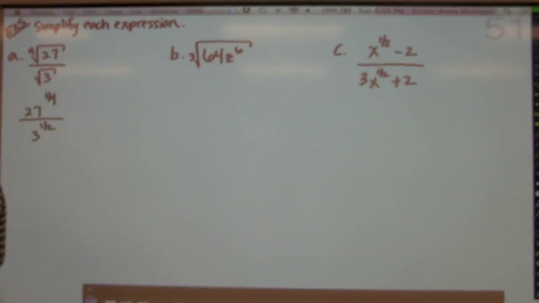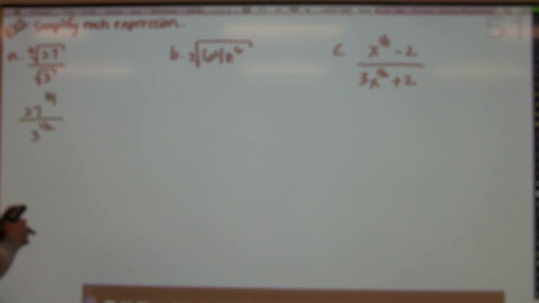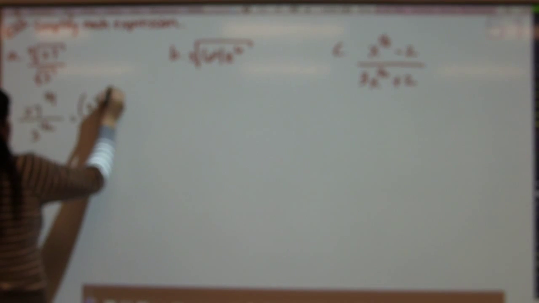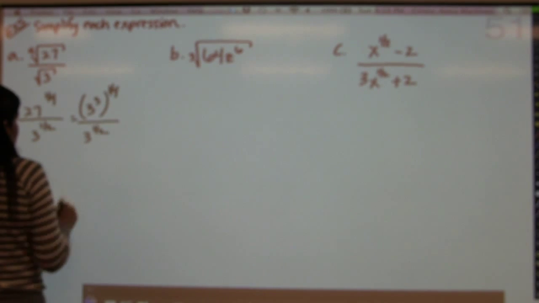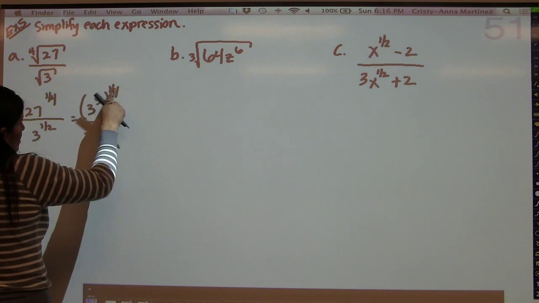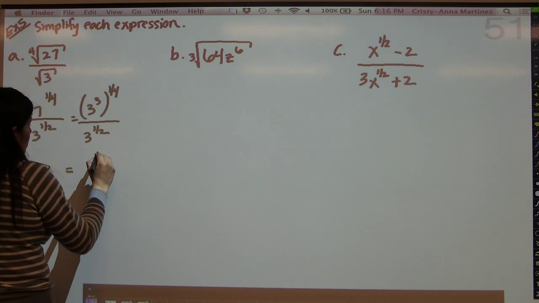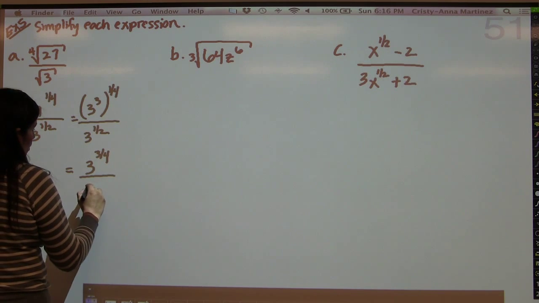And then I know that 27 is 3 to the 3rd power. So I'm going to write this as 3 to the 3rd power to the 1/4 over 3 to the 1/2. Okay? So that means I'm going to get a power to a power. So that's 3 to the 3/4 power, which is 3 times 1/4, over 3 to the 1/2.